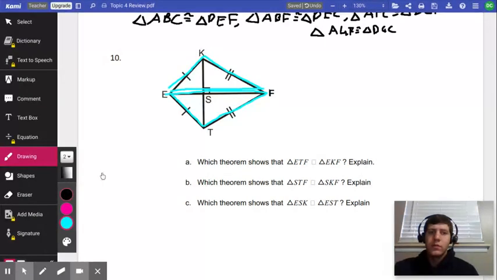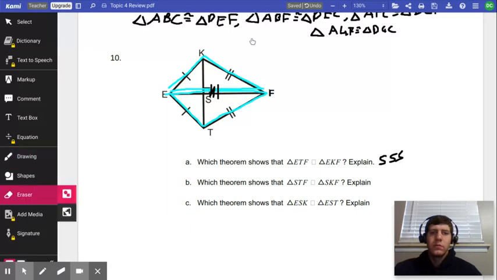Right, so reflexive property. And now those two triangles, ETF and EKF, are congruent by side, side, side. We use the reflexive property and have side, side, side. Okay, B.